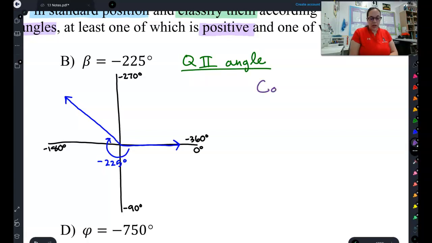Now, I would like you to pause the video and practice finding the coterminal angles, so adding and subtracting a full circle to get what you need. In this case, we need 3 coterminal angles, one of which is positive and one of which is negative. Pause the video, try that out on your own, and then come back to check how you did.